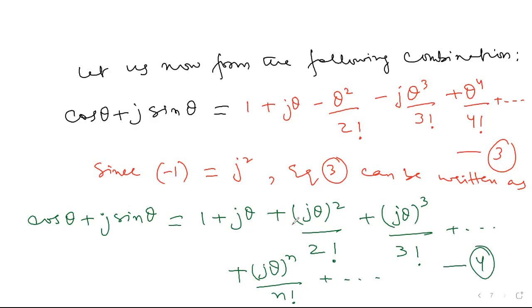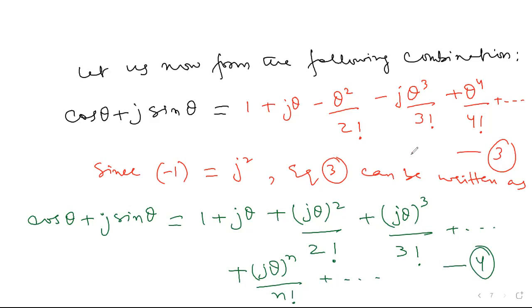1 plus j theta plus (j theta) square by 2 factorial plus (j theta) cube by 3 factorial plus so on. Nth term can be written as (j theta) raised to the power n by n factorial. You can check it.